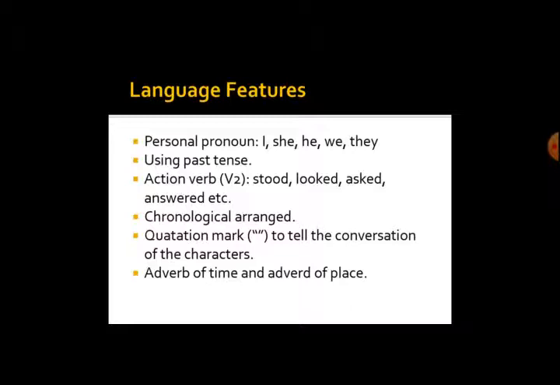Jadi akan ada percakapan dari karakter yang ada di story tersebut. Begitu. Adanya quotation mark di sini untuk menggambarkan bagaimana mereka bercakap-cakap dalam cerita tersebut. Okay? You get my point?